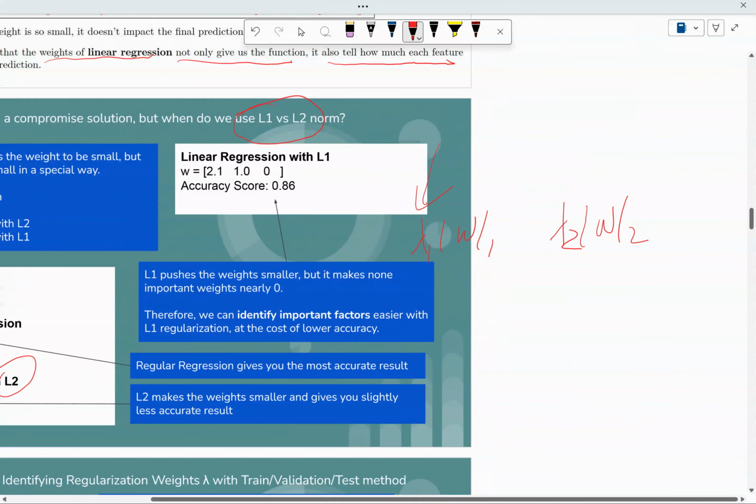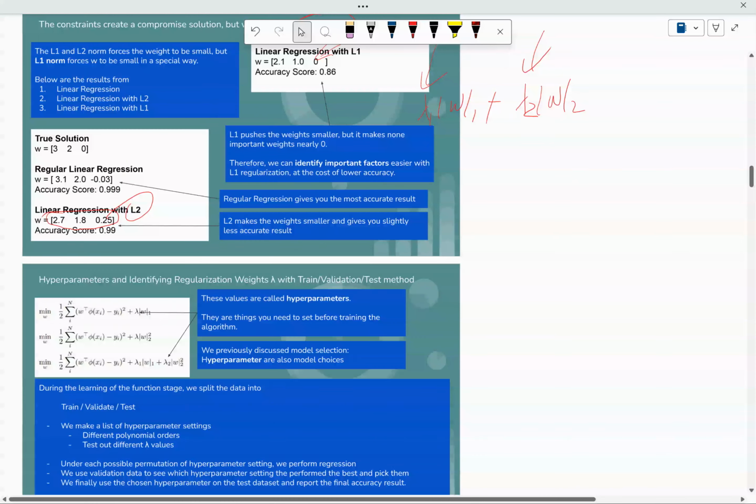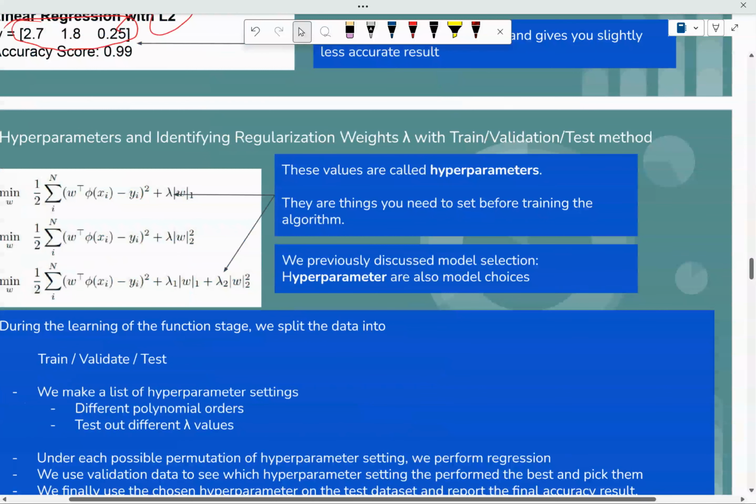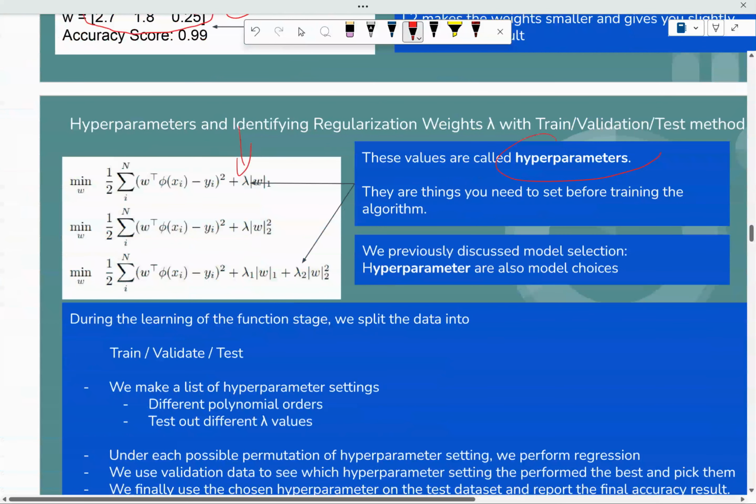Depending on what you pick for lambda 1 and lambda 2, elastic net allows you to fine tune how much you want to push non-important factors to zero. These lambda values, as I told you, have a name. They're called hyperparameters, and they are basically things that you need to set even before you start training. You just need to pick a number for them, and the number you can decide.